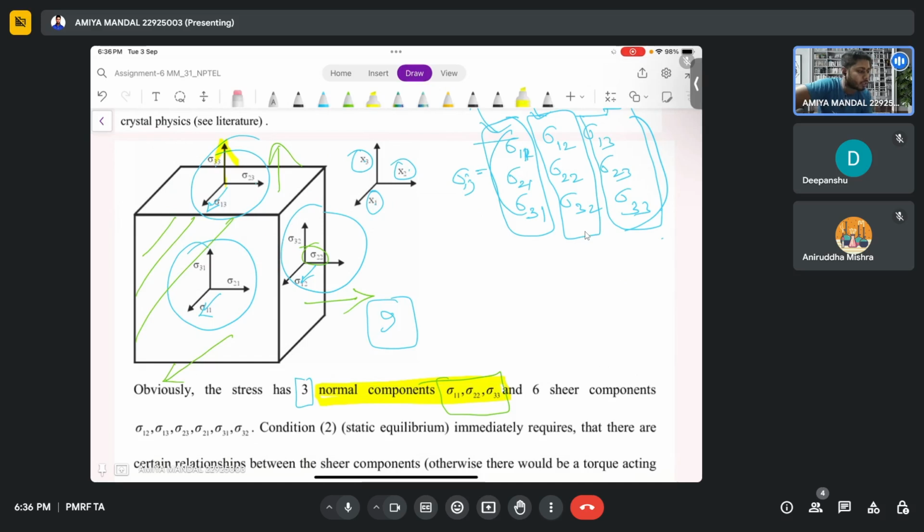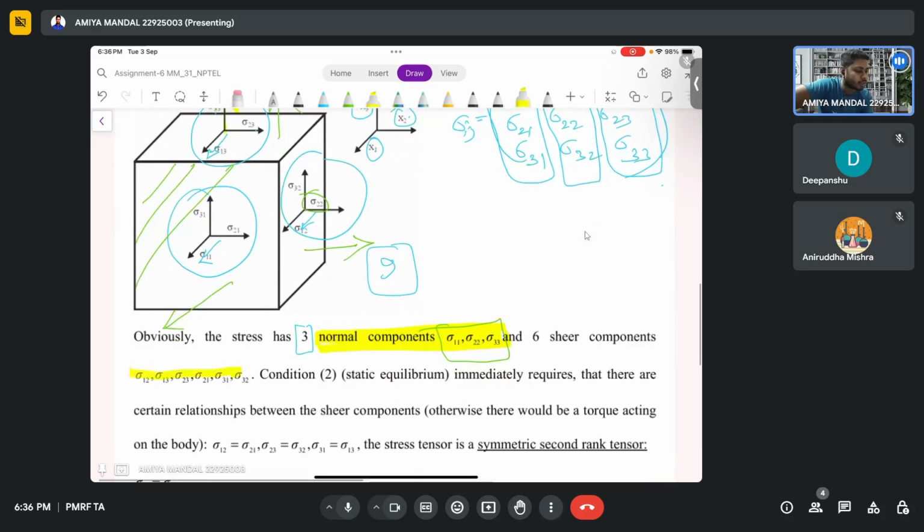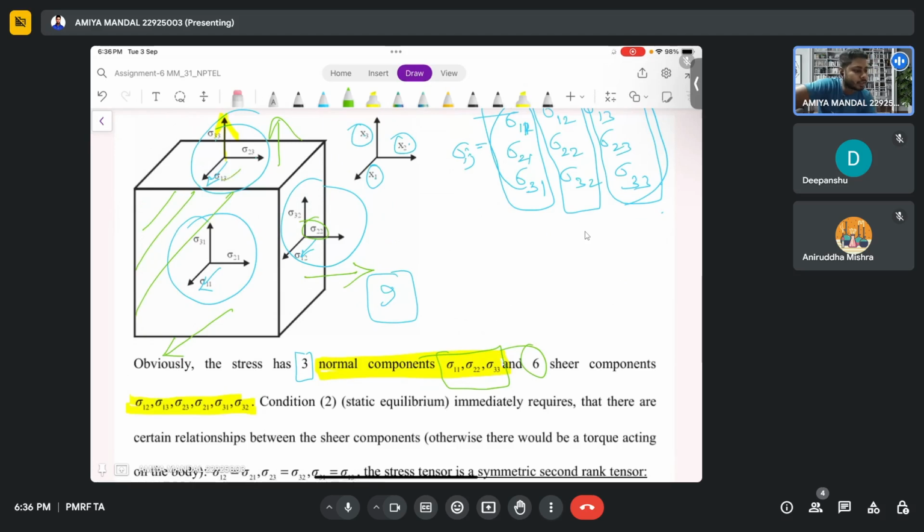And the 6 other components, these 6 other components are parallel to the plane.